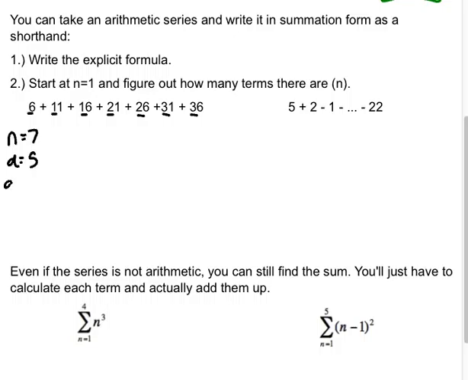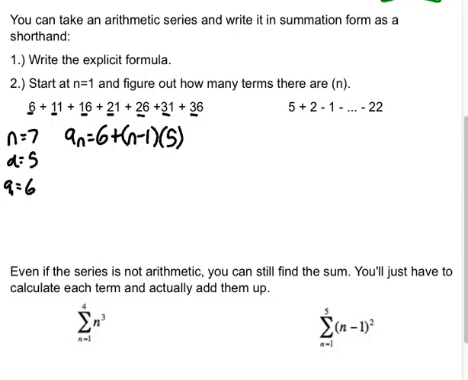Then, of course, my first term is going to be 6. So my first goal, I need that explicit formula. So this is an explicit formula, first term plus n minus 1 times D.